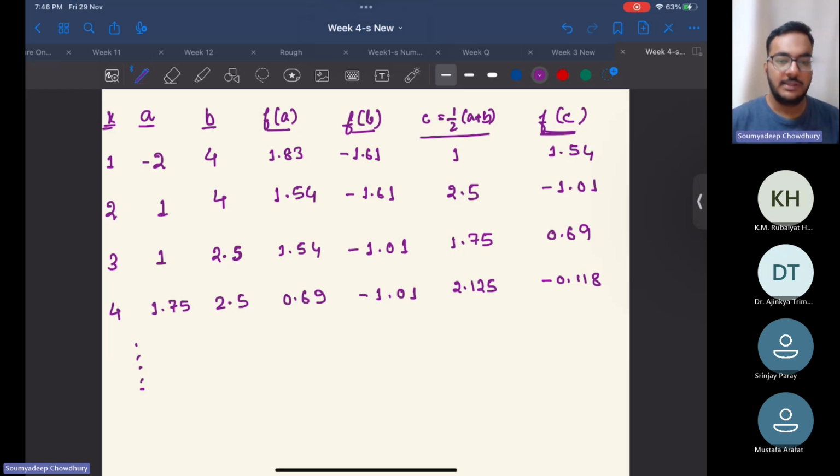Okay, so now we will see the MATLAB code for this. Just a second.